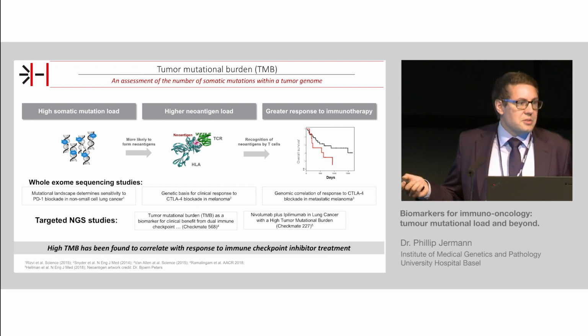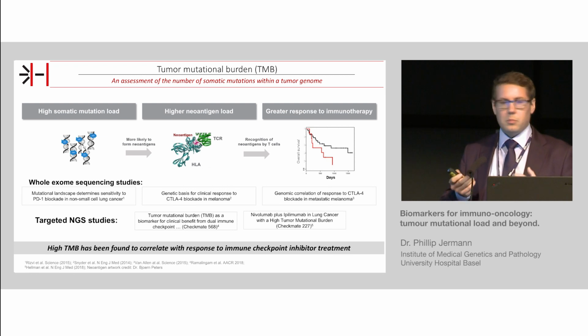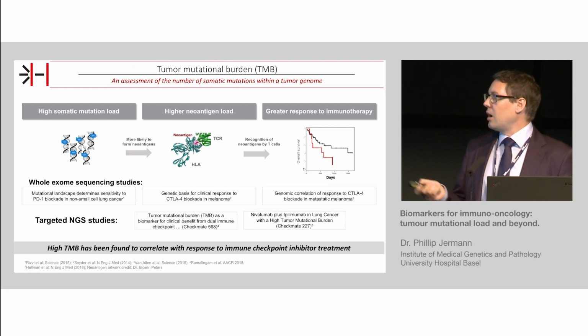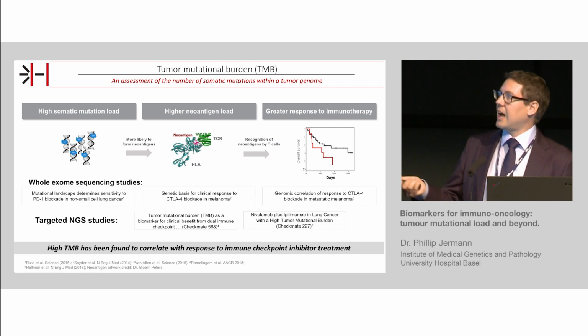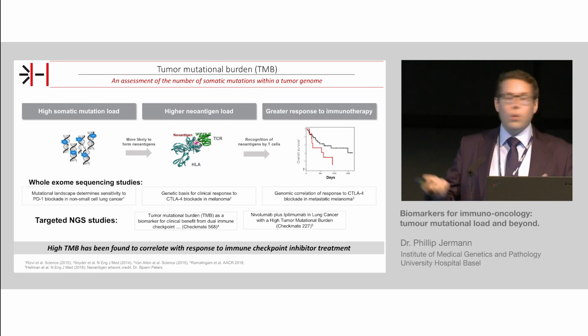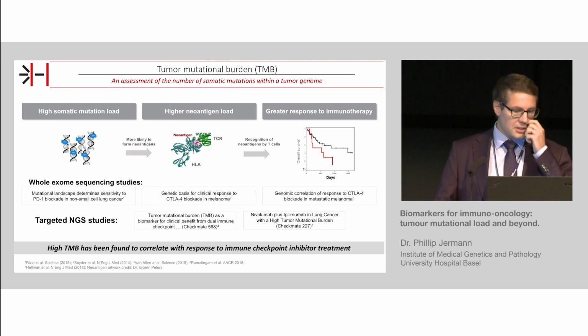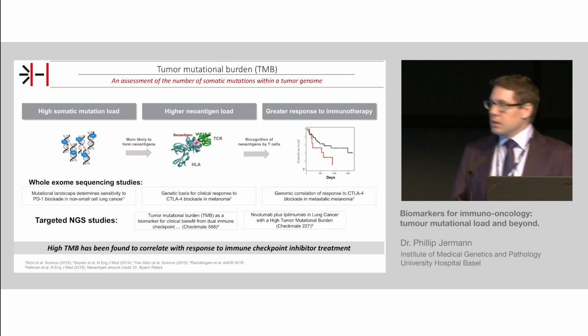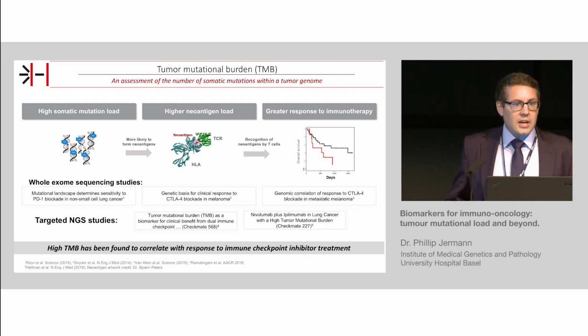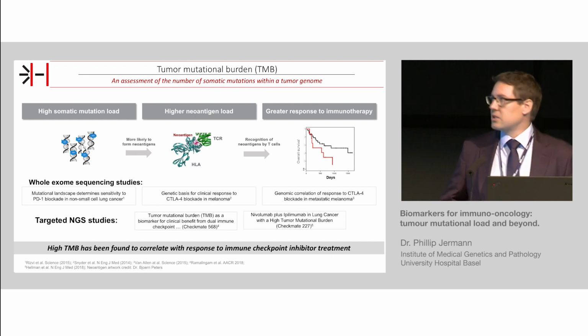This hypothesis has been demonstrated to be partially true or to be true in several clinical trials where tumor mutational burden was assessed either by whole exome sequencing or also by targeted next generation sequencing panels. So looking at this data, again, we were very interested in introducing this into our clinical routine.